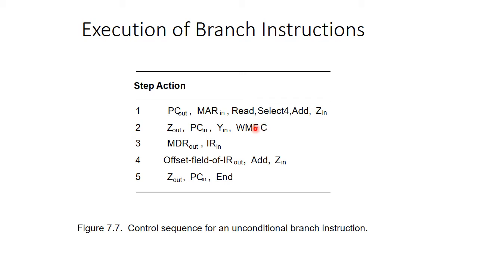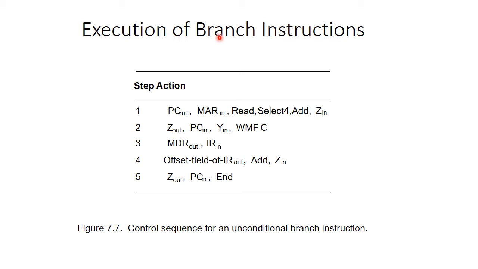Whenever the required time is over, the information is available in the memory data register, and before executing, the instruction should be available in the instruction register. So the memory data register out signal is set to 1, so that the content of the memory data register can be fed into the instruction register by enabling its in signal as 1. That means after the third step, the instruction is available in the instruction register.